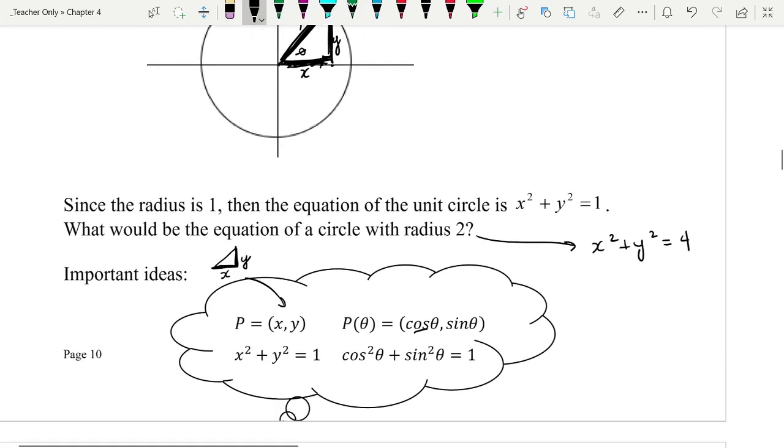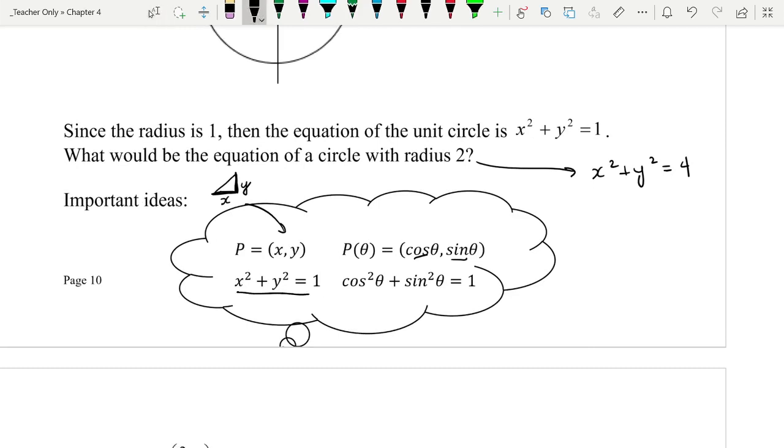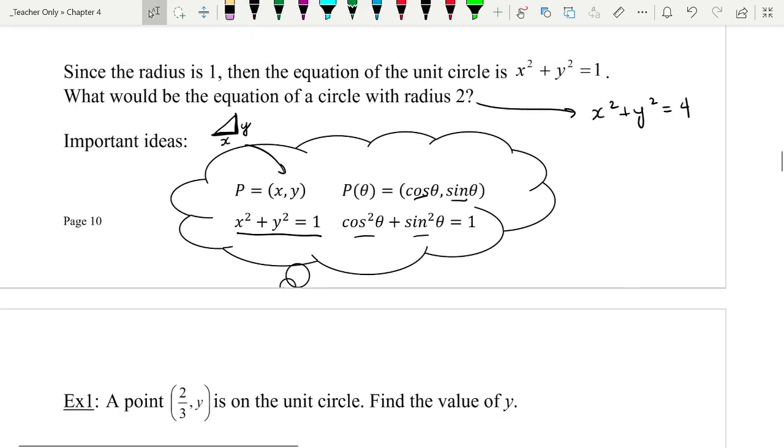So the y value on the unit circle for its coordinate is the sine of the angle that makes that point. And since Pythagoras is x squared plus y squared equals 1 on the unit circle, and x is cosine and y is sine, then you can say that cosine squared of theta plus sine squared of theta equals 1.